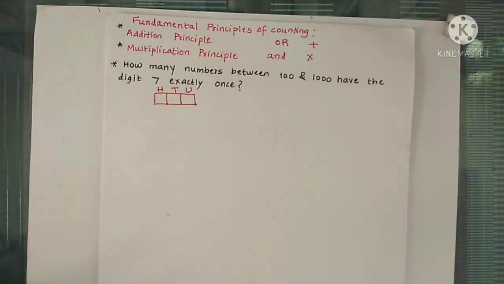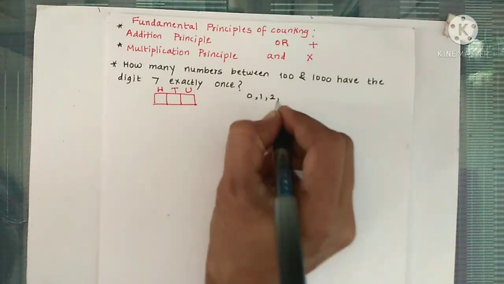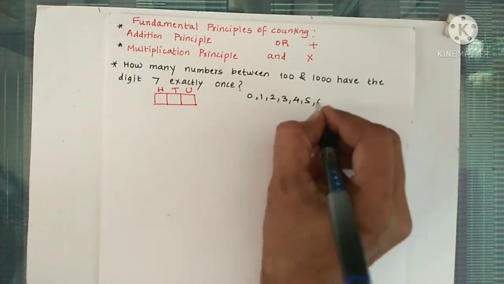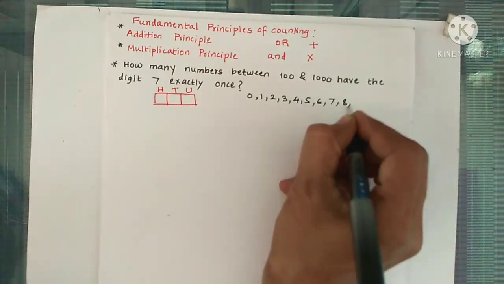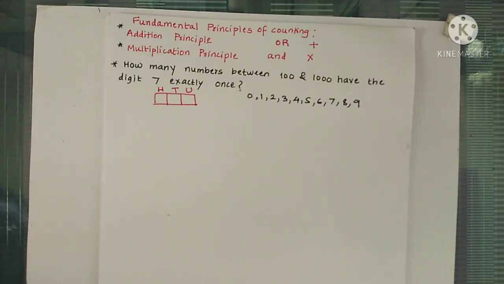Now the available digits are 0, 1, 2, 3, 4, 5, 6, 7, 8, and 9. So we can use any of these digits to fill hundreds place, tens place, and units place.